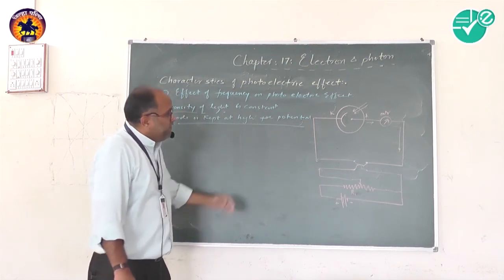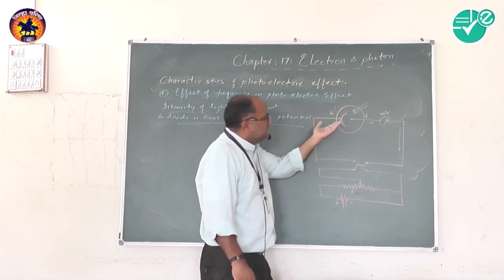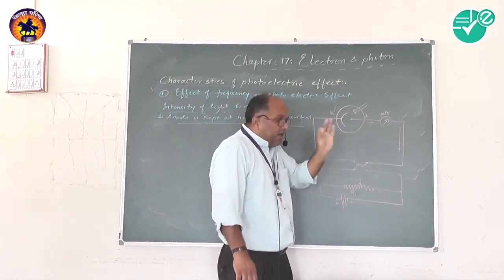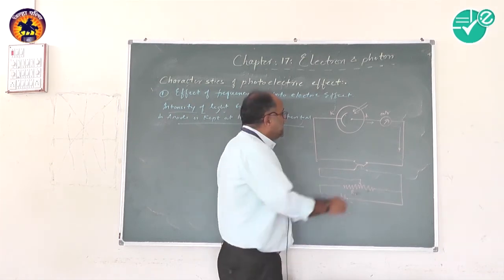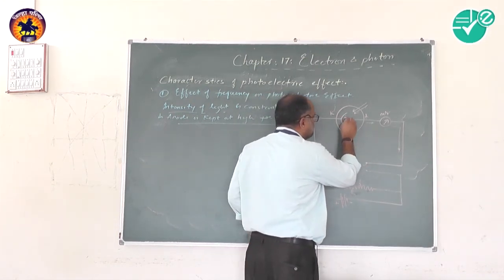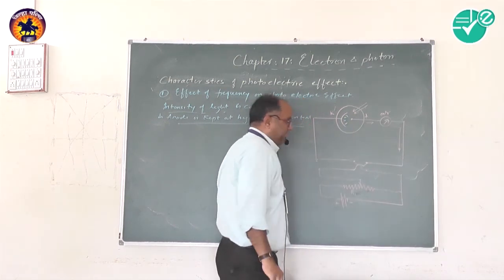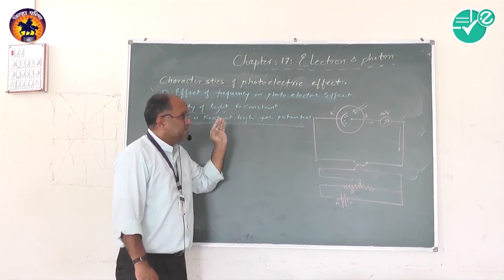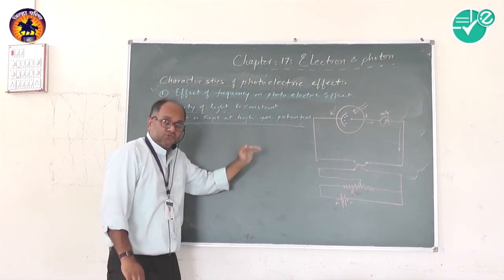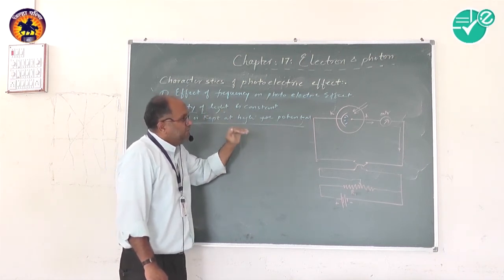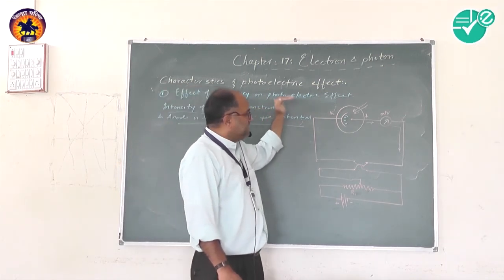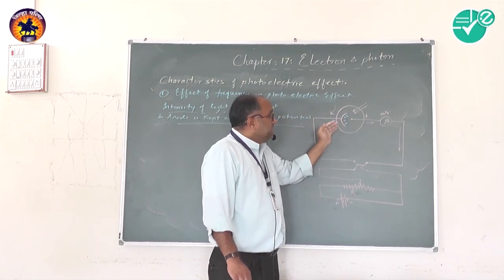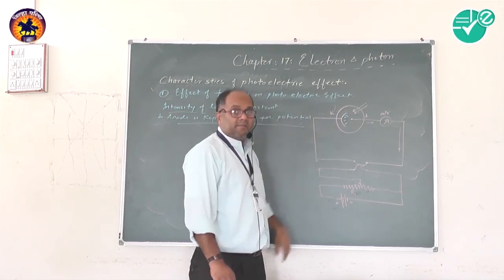If we continue to go on increasing the frequency of the incident radiation slowly, at one frequency, the emission of electron from the surface of the cathode starts to take place. And if we continue to increase the frequency, the emission will continue. But at a low frequency, the emission was not there.